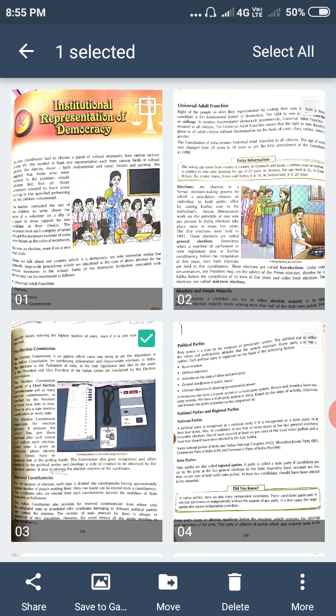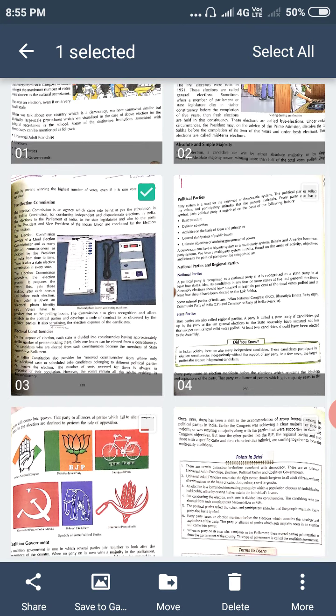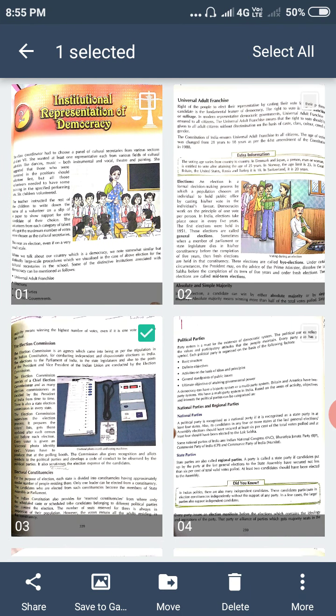First of all, what is universal adult franchise? Universal adult franchise means that all the adult citizens have the right to vote without any discrimination on the basis of caste, color, gender, etc. The right to vote is called franchise or suffrage.